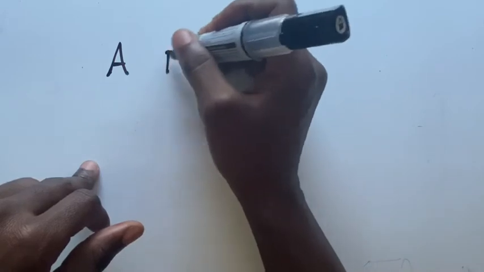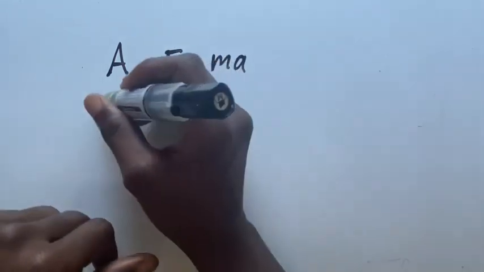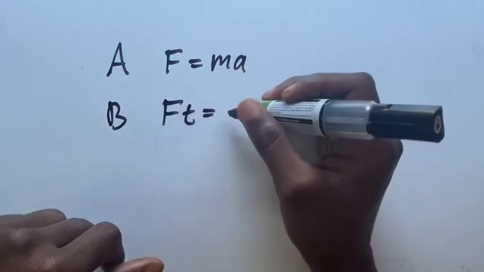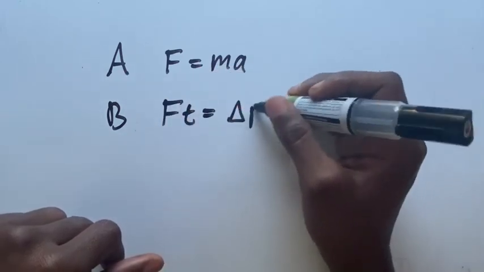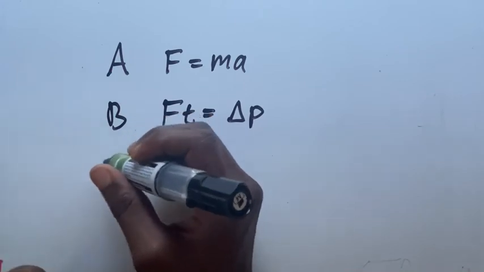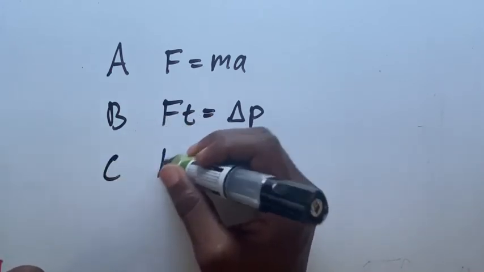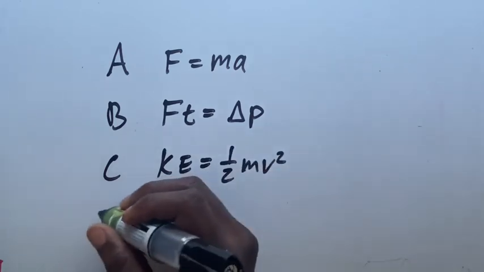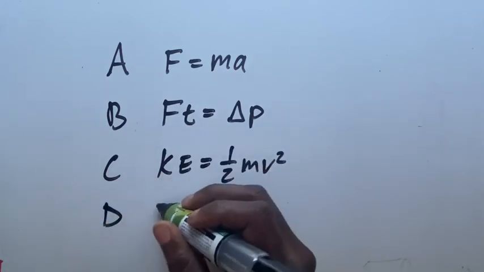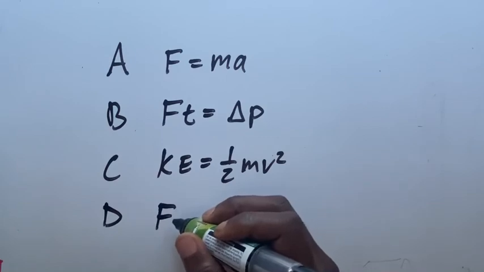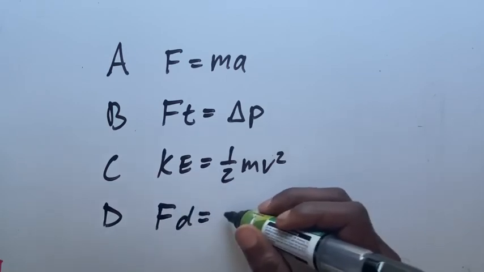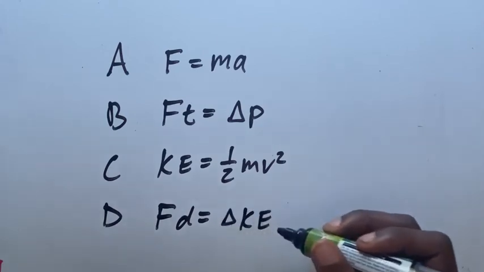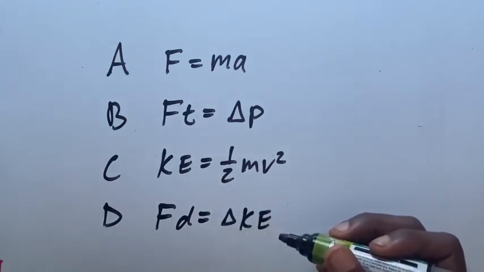It's A, F equals ma, B, Ft equals the change in momentum, and C, kinetic energy equals 1/2 mv squared, and D, Fd equals the change in kinetic energy.